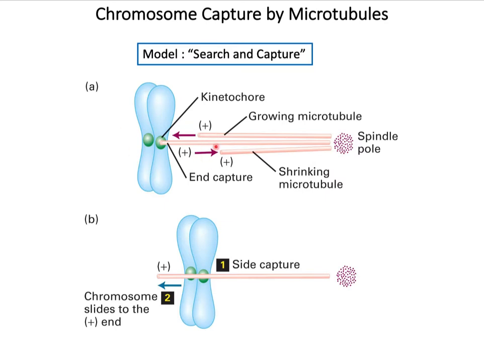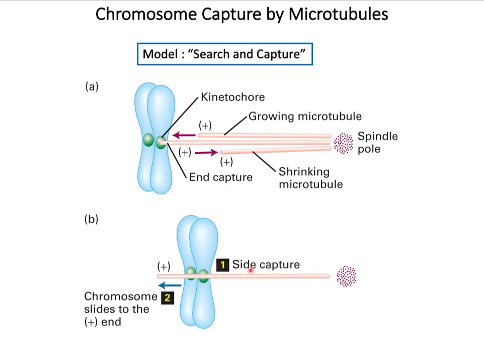But the cell is not always that lucky as this event happens by chance. And so the cell has another way to ensure that the chromosomes are captured. This is known as side capture. So what happens if you have a microtubule growing and it happens to miss the kinetochore region, so it doesn't bind to the kinetochore region?